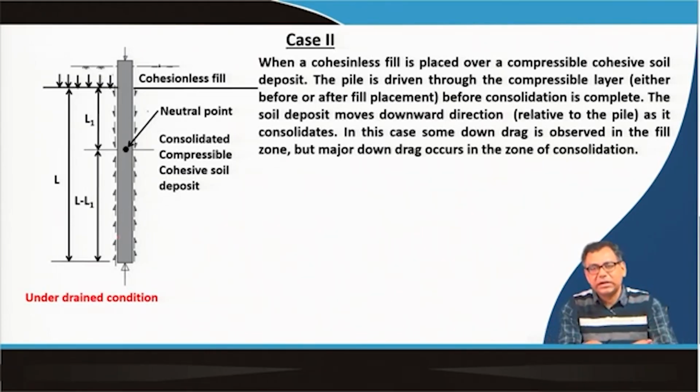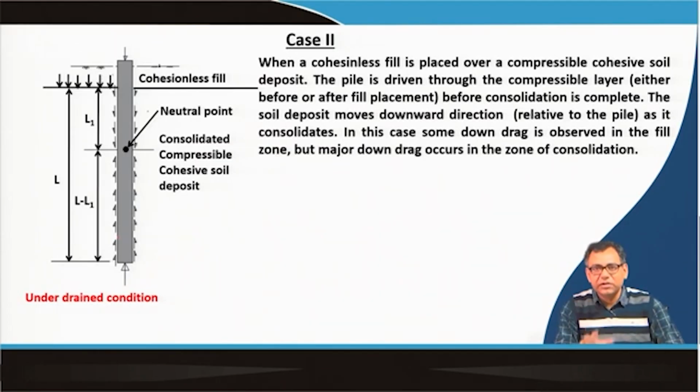Now, we have placed a cohesionless fill over there. That means you have placed some surcharge load over a very compressible soil whose consolidation is still in progress. So, what will happen? It will further consolidate.